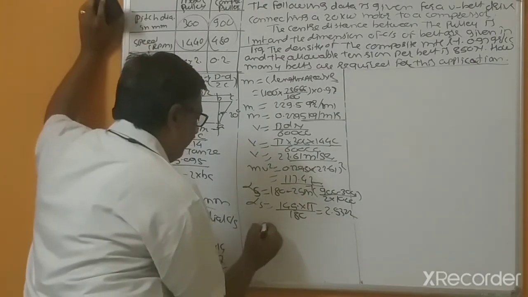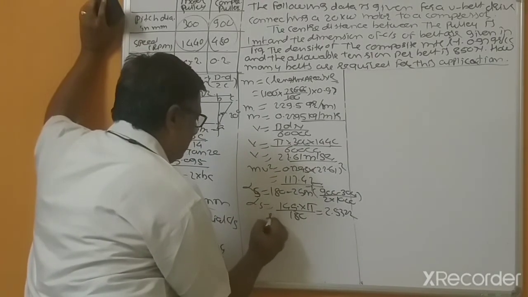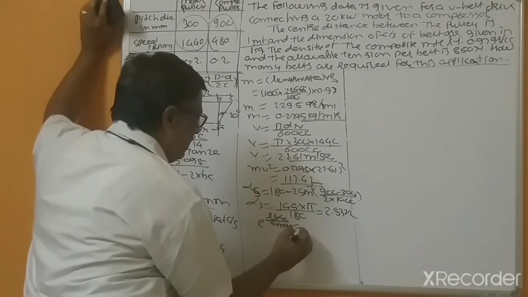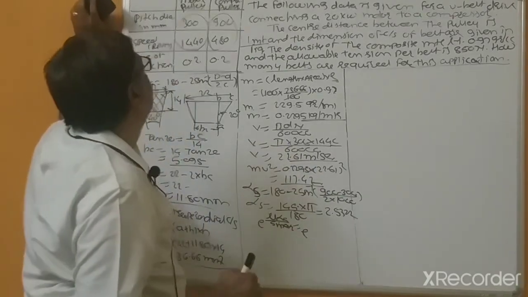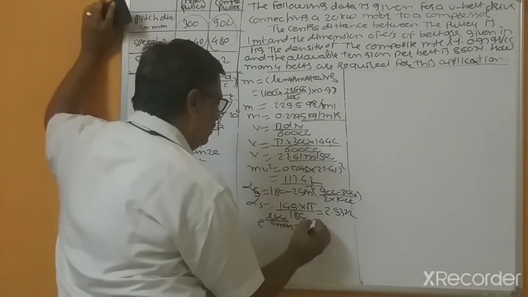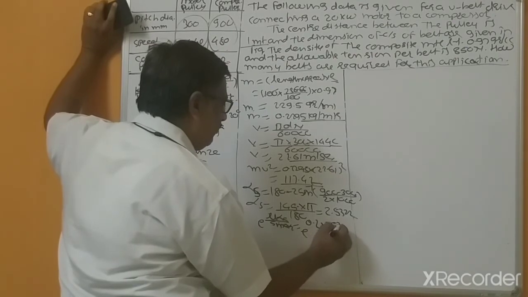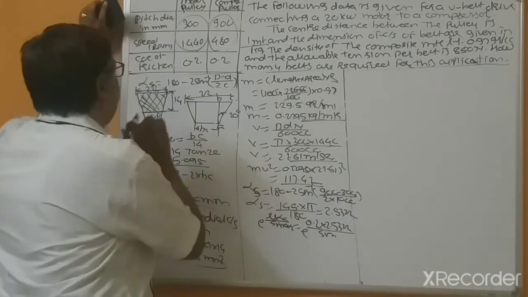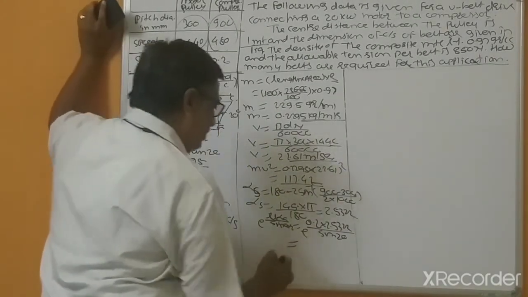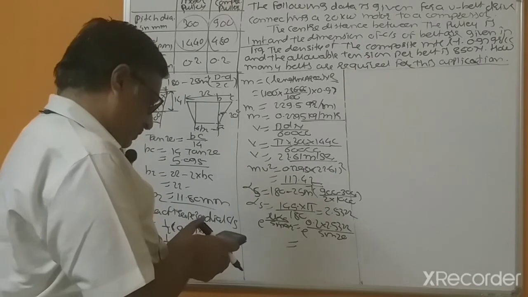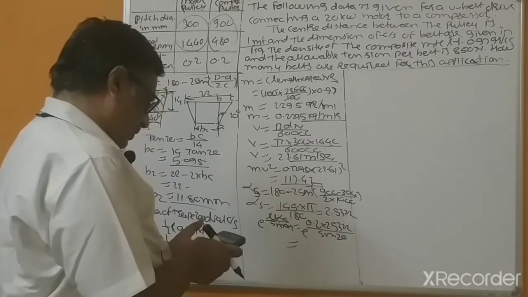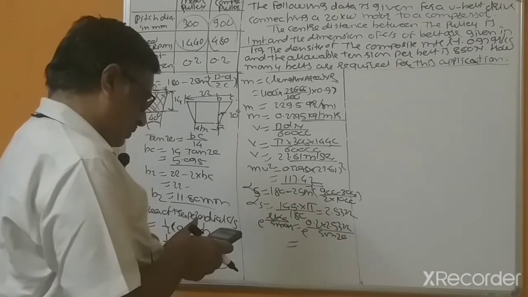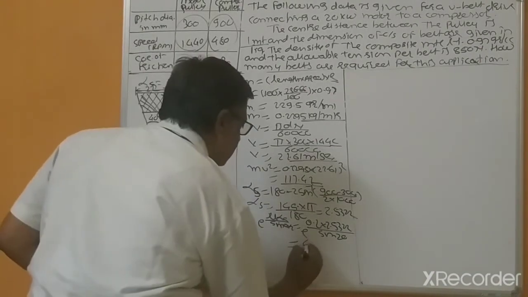Now e to the power mu into alpha divided by sine theta by 2. Coefficient of friction is given 0.2, multiplied by 2.5322 divided by sine. This is 40 degree means 20. So 0.2 multiplied by 2.5322 divided by sine 20 equal to 4.396.